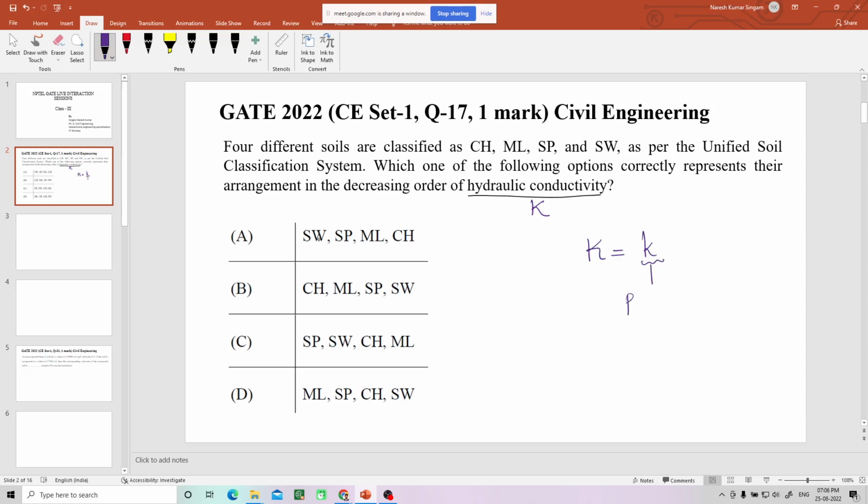the permeability of soil, into the unit weight of water and the viscosity of the water. These are water properties or fluid properties.